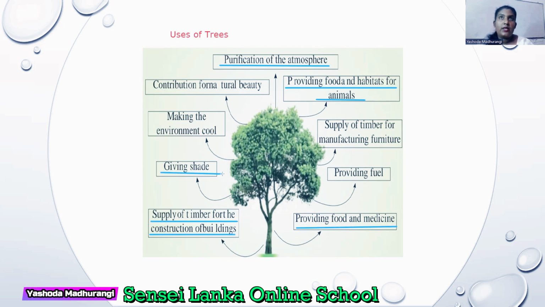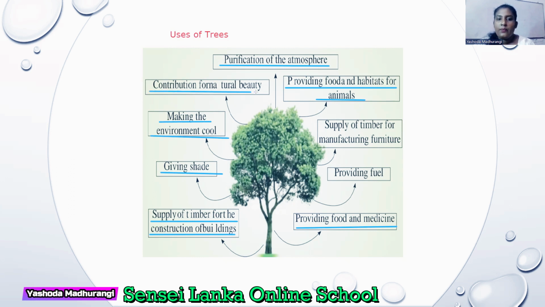Think about your school sports meet or any other event that we do on the playground. When the children go to the playground, you go under the trees when you need a rest. Why? Under the tree it is very cold and comfortable. So they give us shade, making the environment cool.